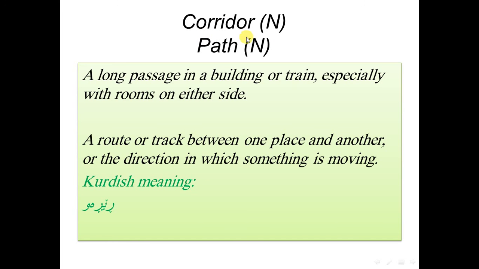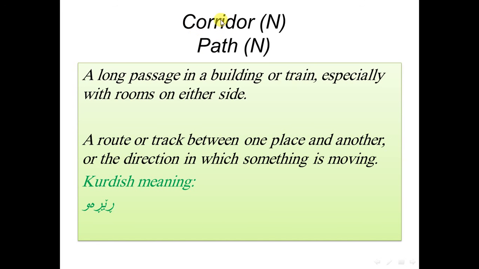We have corridor. The word form of corridor is noun. As written here, you are familiar with these symbols: V means verb, and n means noun. So here we have these two vocabulary, corridor and path.